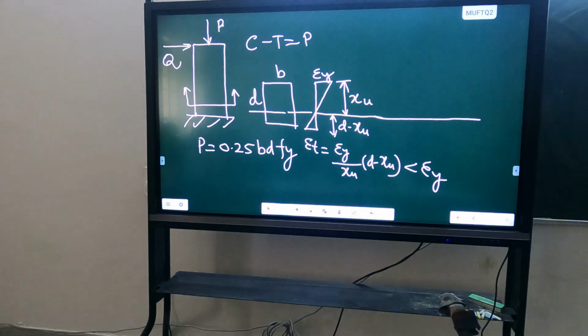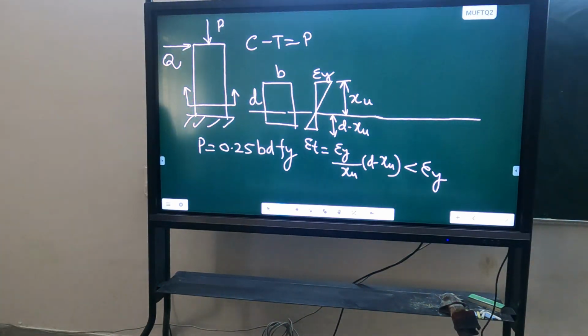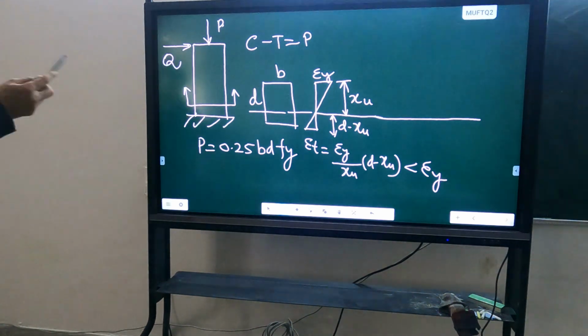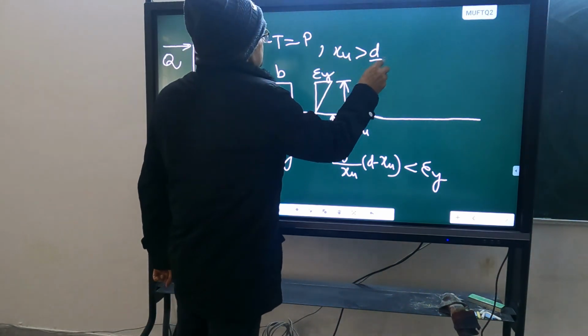And if C is greater than T, the area on the compression side has to be more. Then only C will be larger than T. So the neutral axis has to be on the tension side. It will not be at the center. That means xu is greater than d by 2.